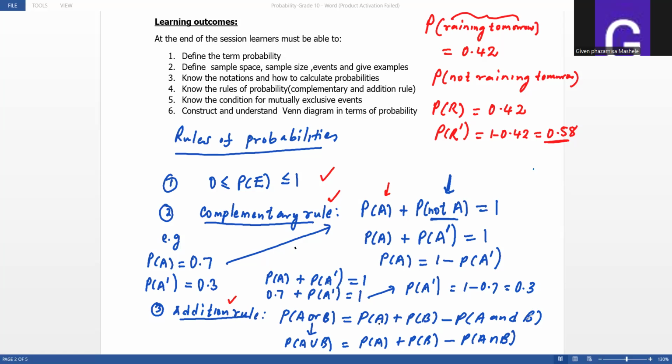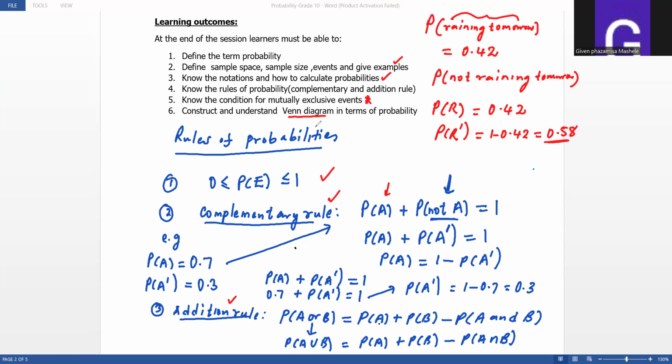Now I want us to proceed to the conditions for mutually exclusive events. But before I talk about mutually exclusive events, let's talk about how to construct a Venn diagram. What is a Venn diagram actually?